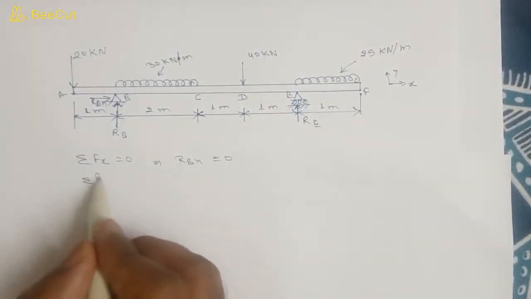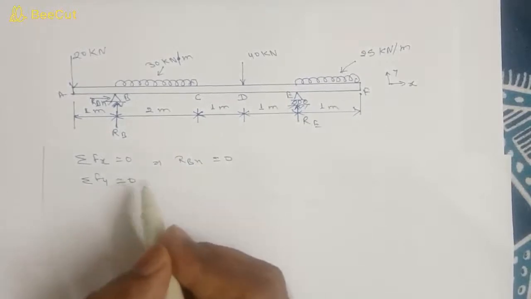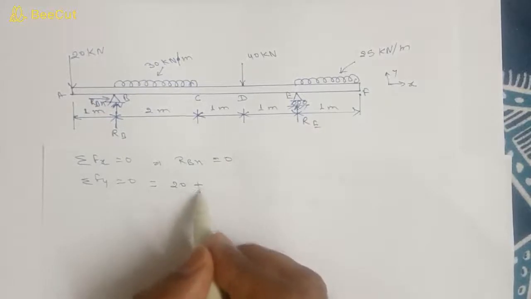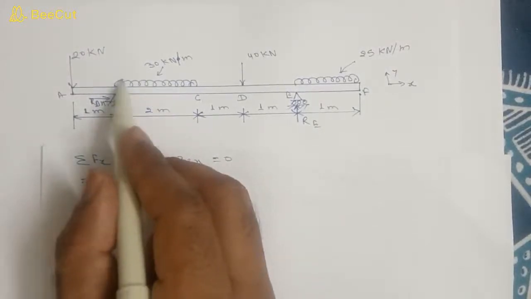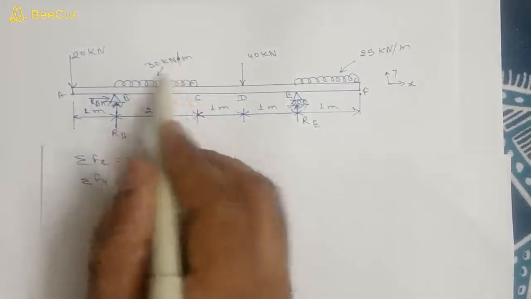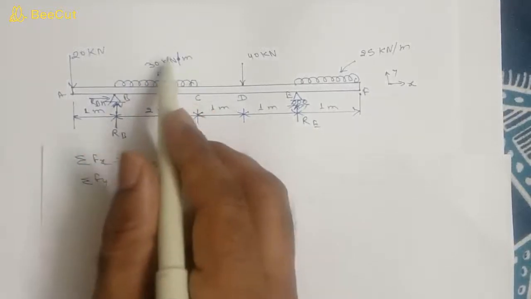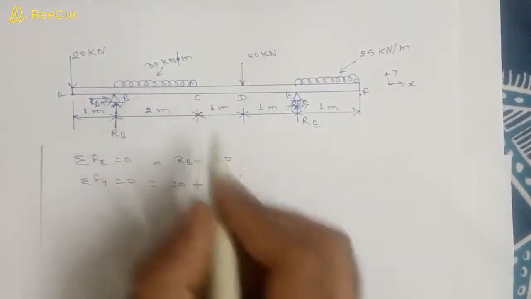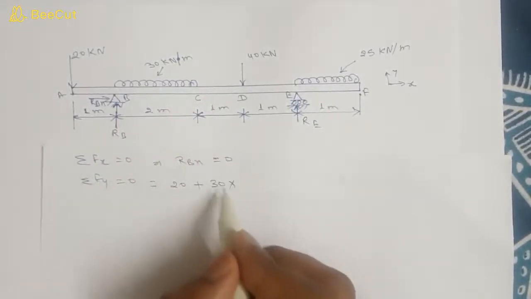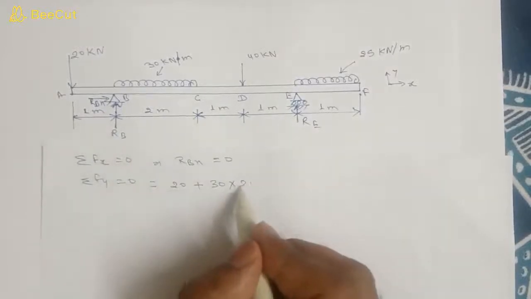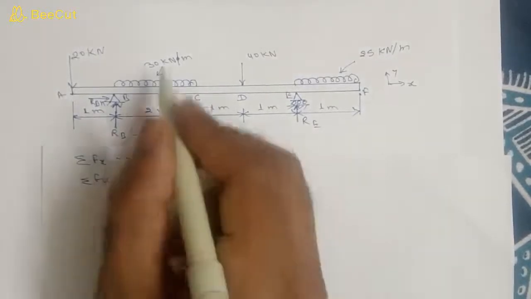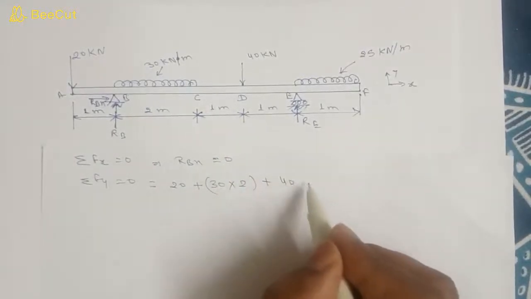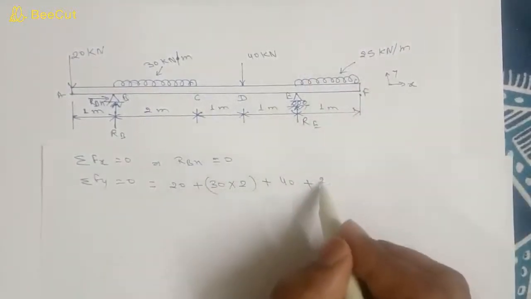Now summation of all the vertical forces should be also 0. So we will get 20 kilonewton plus this value of UDL will be length into weight per unit length. So per unit length its weight is 30 kilonewton. So 30 into this is 2 meter in length. So this will be value of this total load, plus 40 kilonewton plus 25 into 1.